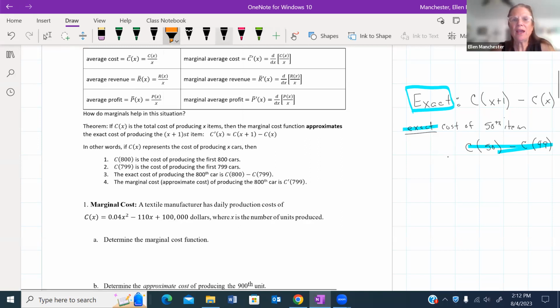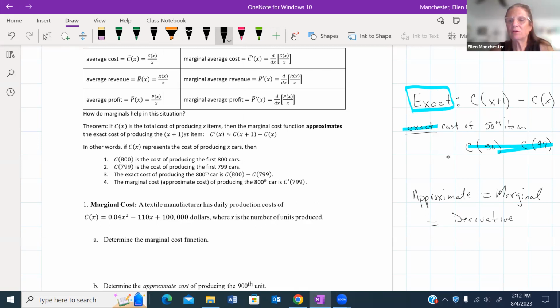If I'm looking at the approximate, that gives me marginal, which gives me the derivative of the cost, profit, or revenue function.